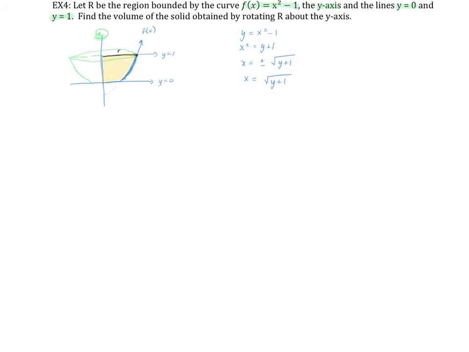Putting this together, our volume with respect to y is going to go from 0 to 1, which are our given y values. Pi, r is the square root of y plus 1, squared, dy.